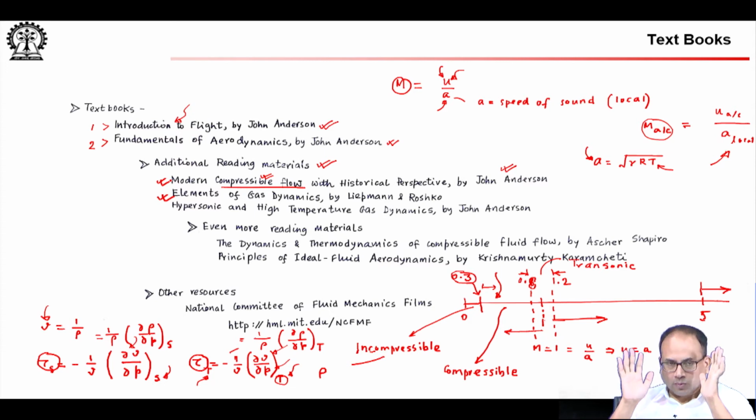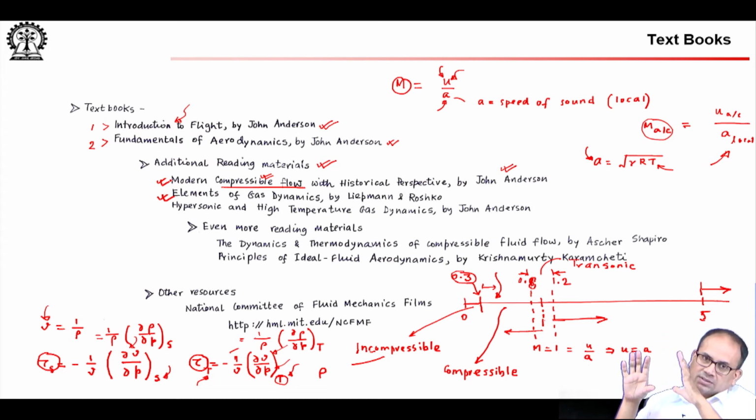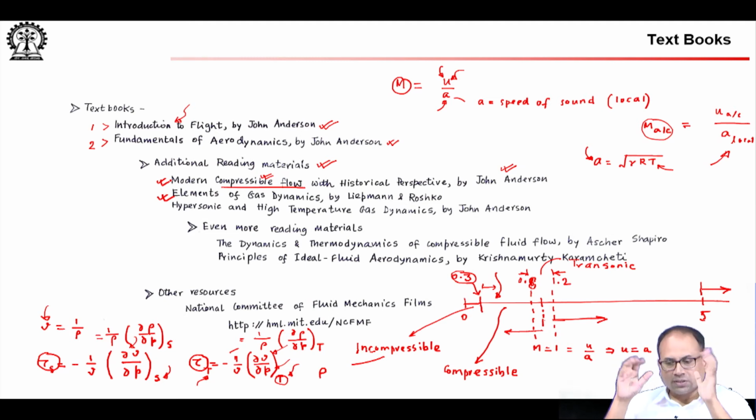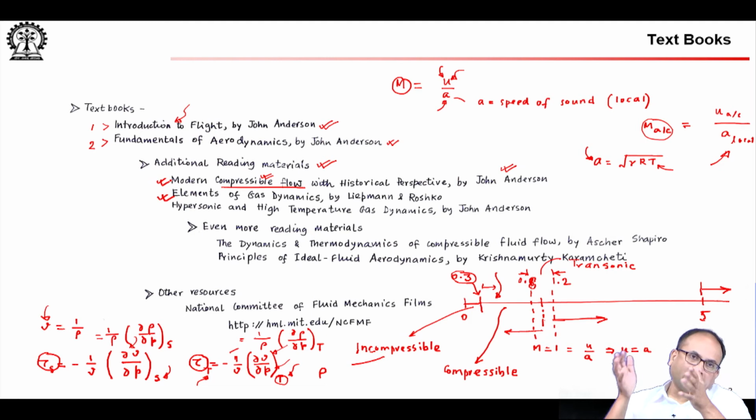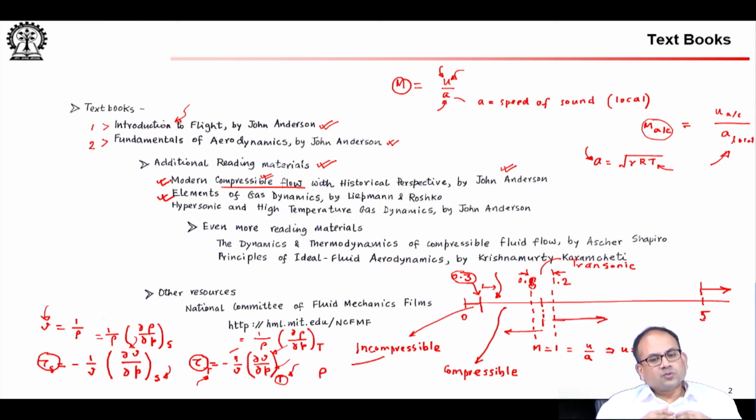It is still supersonic flow, but on top of that, there are some very interesting phenomena that start happening once you cross Mach number 5ish, and so this region is given the name hypersonic aerodynamics. This book, Hypersonic and High Temperature Gas Dynamics by John Anderson, goes into detail of these kinds of flow fields, and in one of our future lectures we will touch upon what these special things are that happen in hypersonic flow fields.